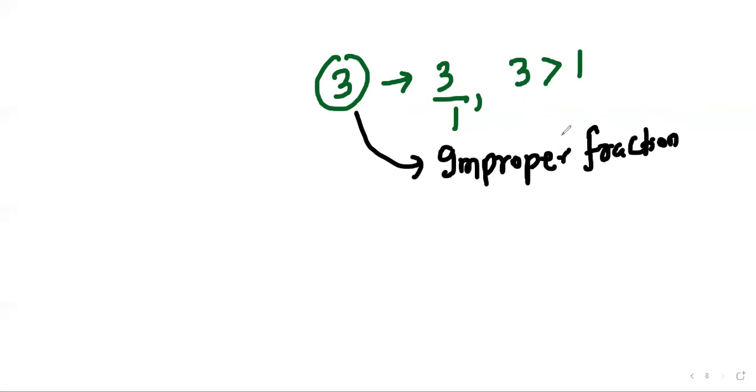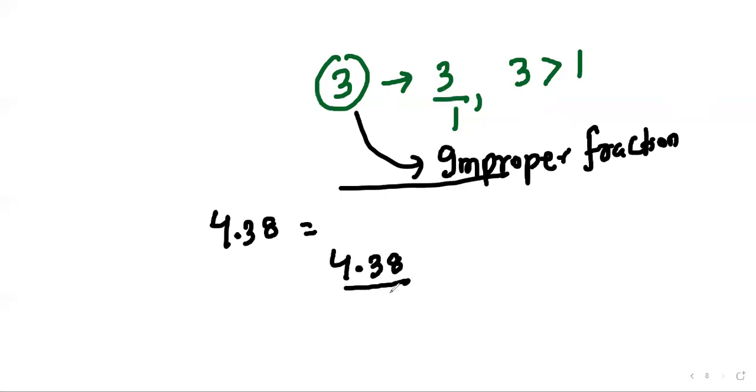So this is how we can identify a proper and improper fraction, and we can define a proper and improper fraction. Let's do one decimal example of an improper fraction, like 4.38 being given to you. How can you identify this? You can write it like 4.38 over 1. Obviously, at the top of the fraction, in the numerator, we see that 4 is the whole number part of the decimal number.